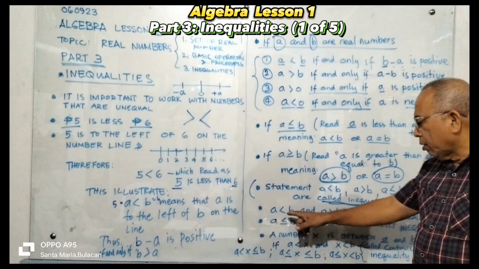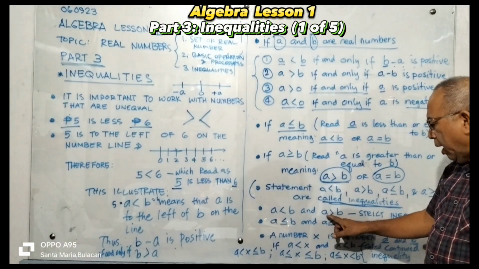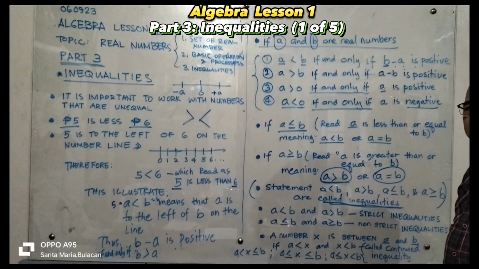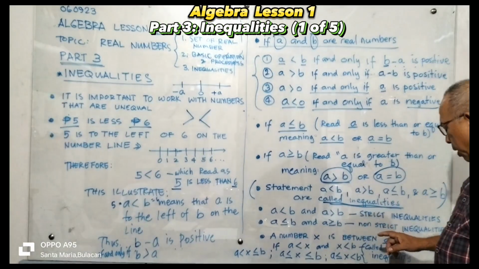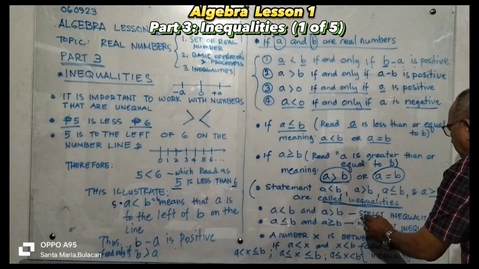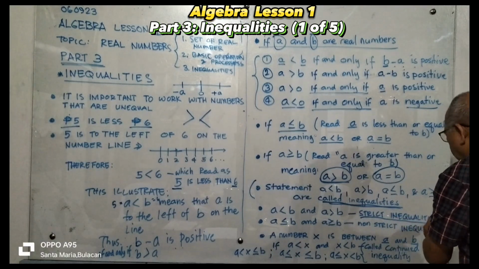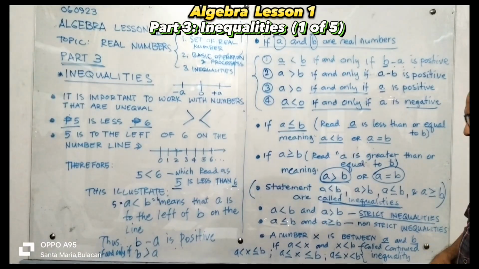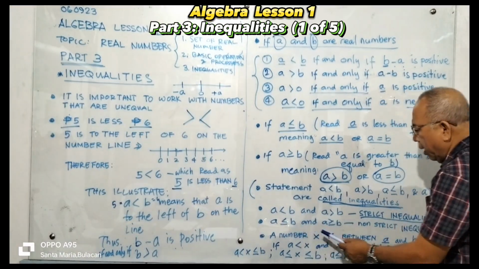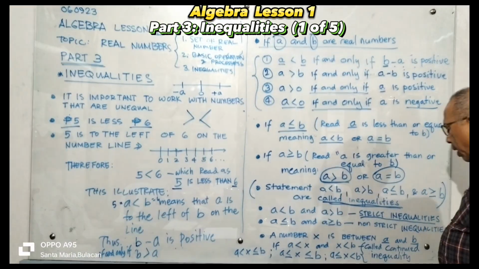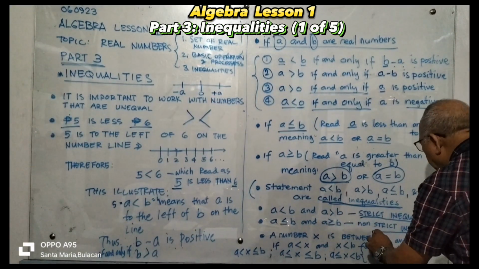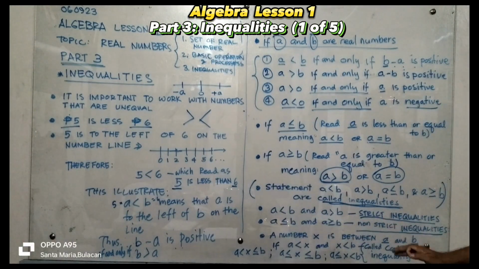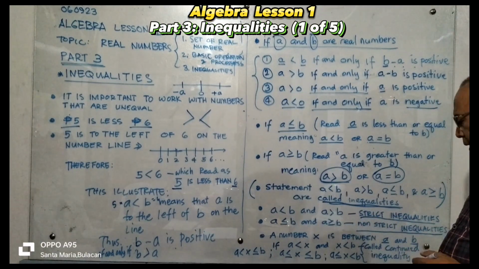So, A is less than B or A is greater than B, tawagin daw natin yang strict inequalities. Pag ang A is less than or equal to B and A is greater or equal to B, ang tawag natin dyan ay non-strict inequalities.